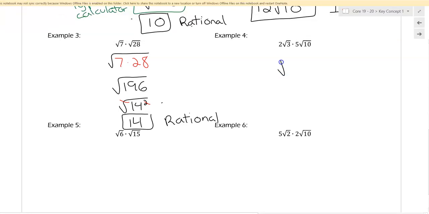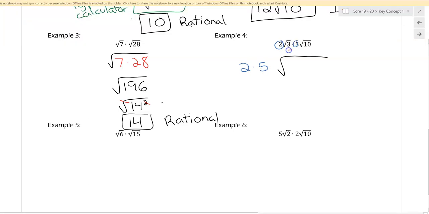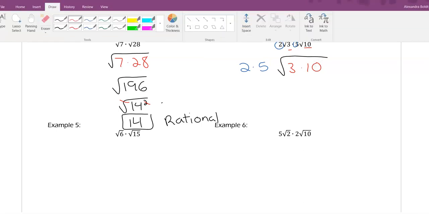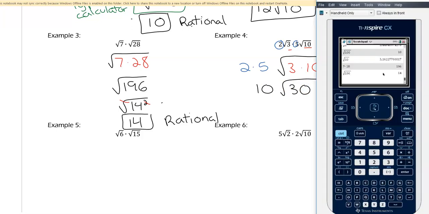Outside is 2 and 5. Inside is 3 and 10. 2 times 5 is 10. 3 times 10 is 30. I cannot take the square root of 30. Right?